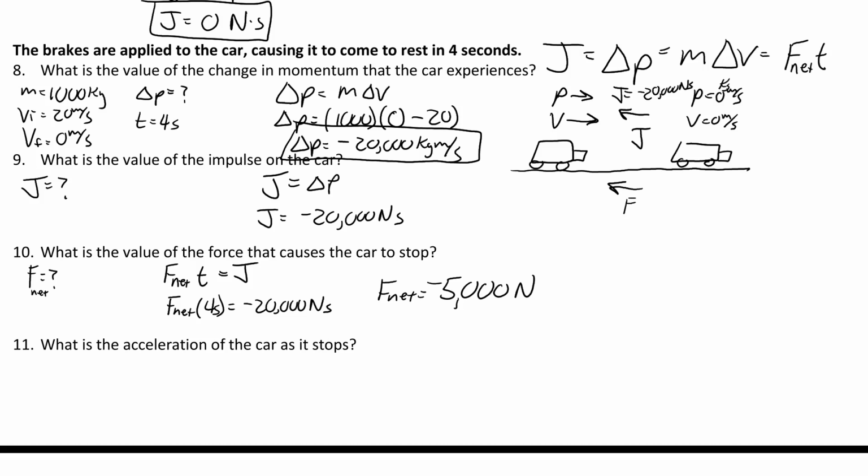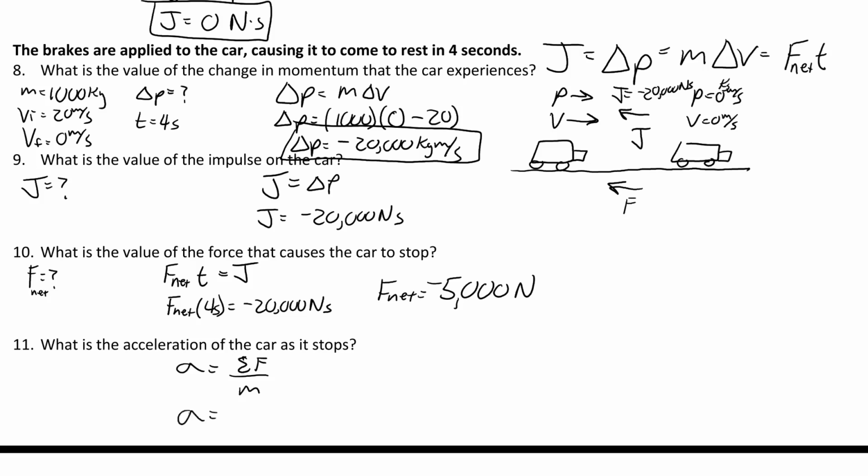And it says, what is the acceleration of the car as it stops? There's no acceleration up here, so that's not going to help us as much as Newton's second law, which is the net force divided by the mass. I interchange between writing that force like this and writing net force like that. Doesn't really matter, whatever you feel like doing.